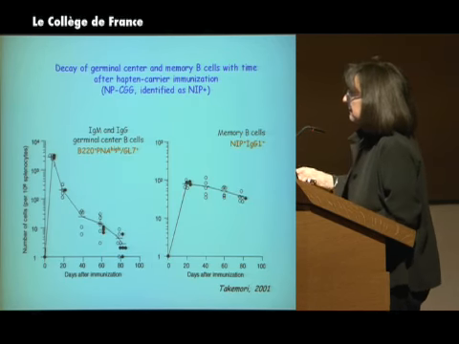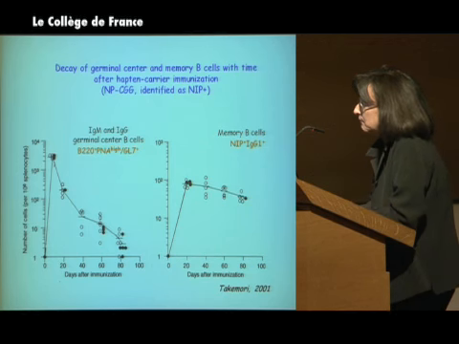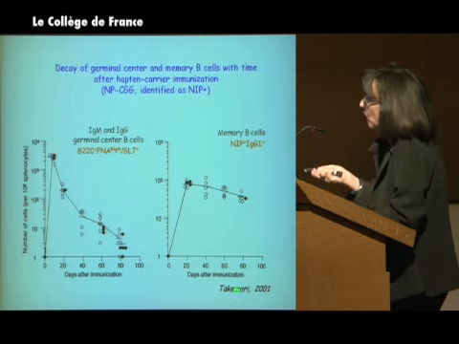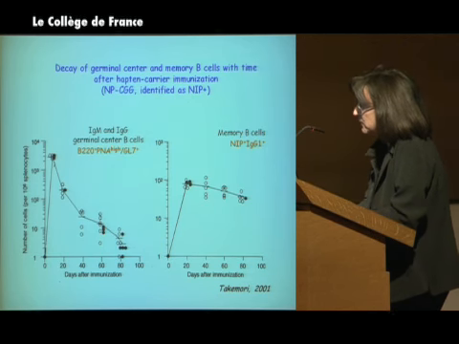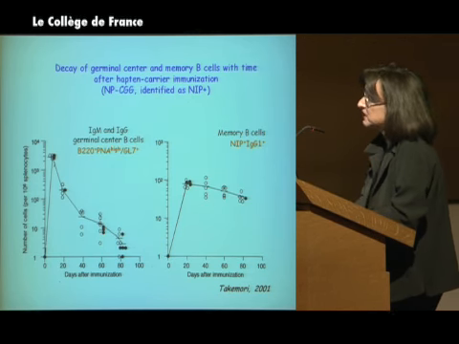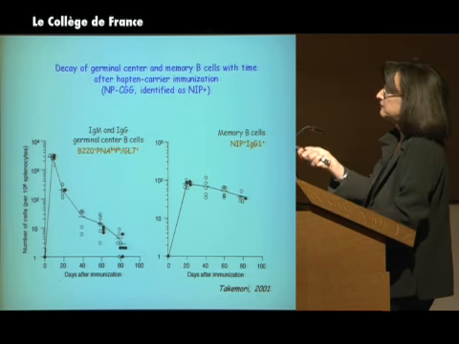So, to illustrate the evolution with time of the germinal center B cell and the memory B cell, this is an old work of the group of Takemori, but several groups like Schlumschick or Tarlington have done the same in a typical hapten carrier response. Here it's NPCGG.